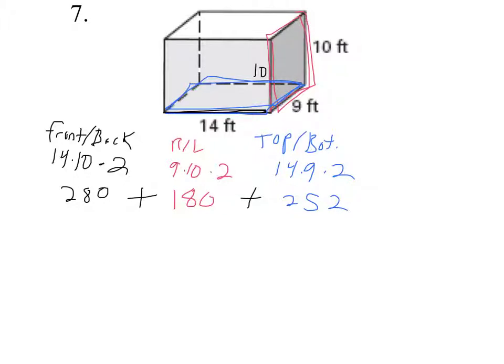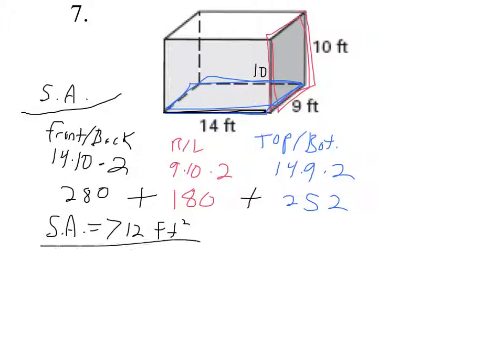So I should probably label what I'm doing here. This is surface area. See, it makes more sense if you show what you're doing. 280 plus 180 plus 252, and we get 712. So the surface area is exactly 712, and that would be square feet.